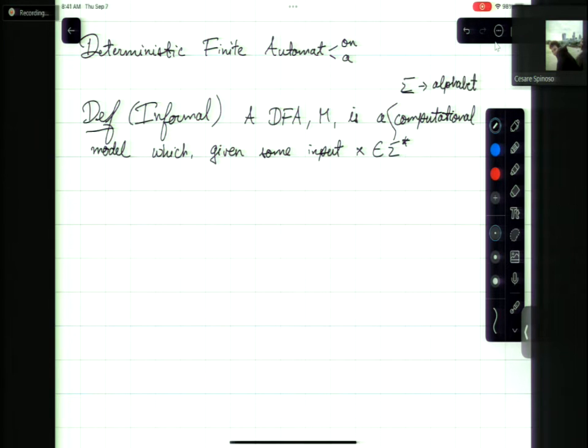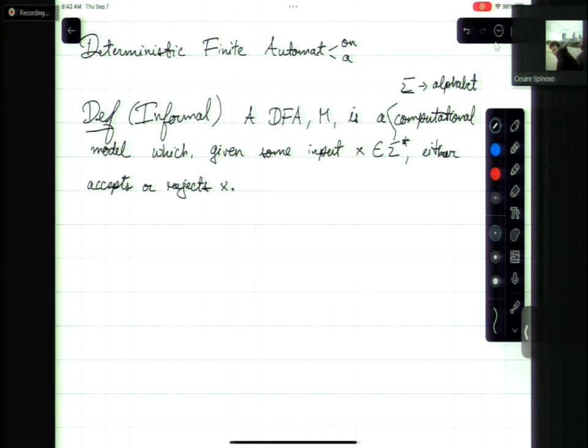Okay. And so given some input string x, M either accepts or rejects x.